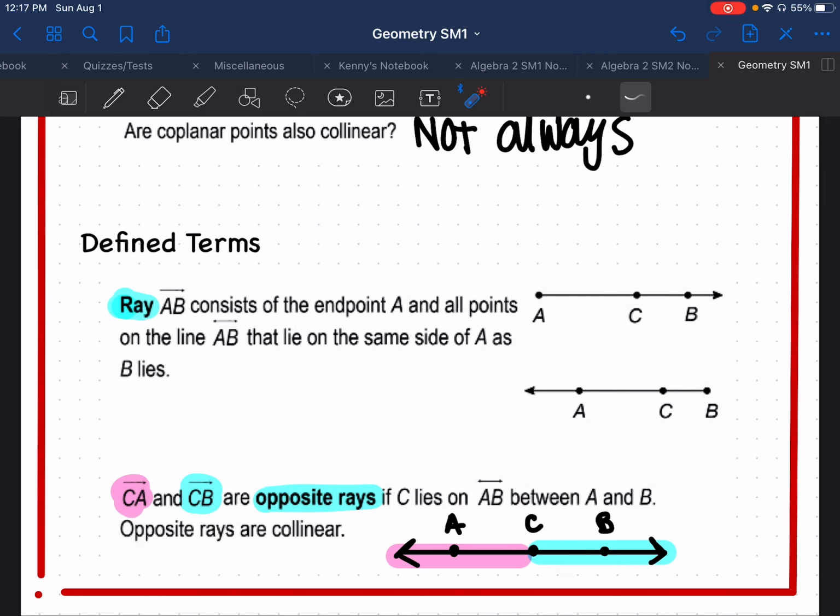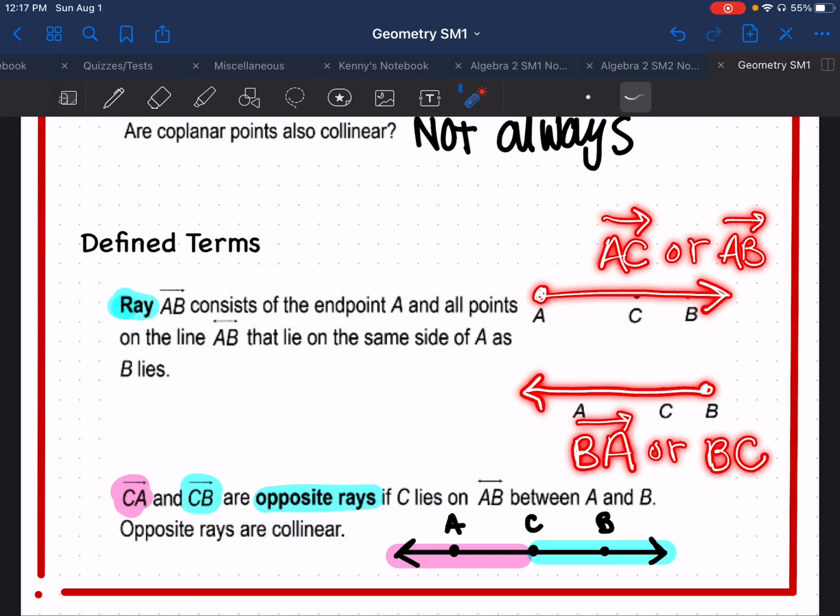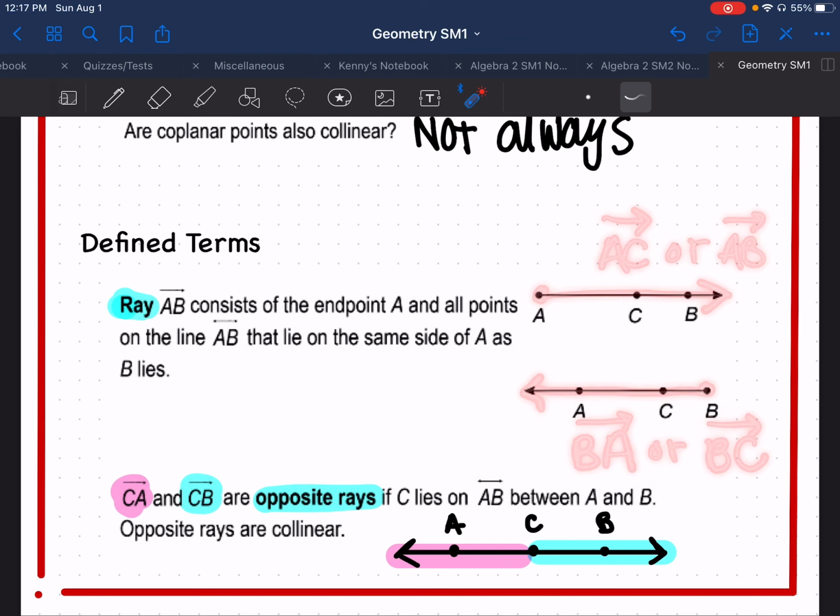But normally a ray just starts and then continues in one direction. I could call this ray AC, or I could call it AB. It doesn't matter. This one, even though it's going in this direction, I would call BA, or I could call it BC. It doesn't matter.